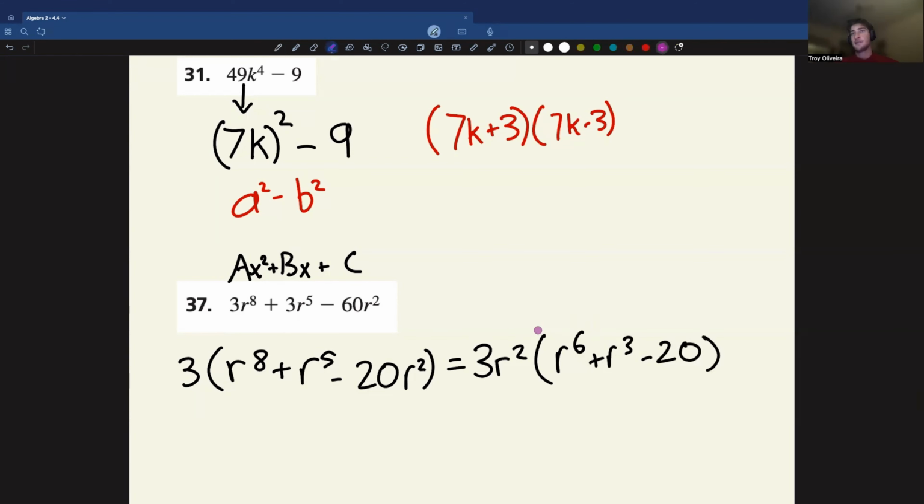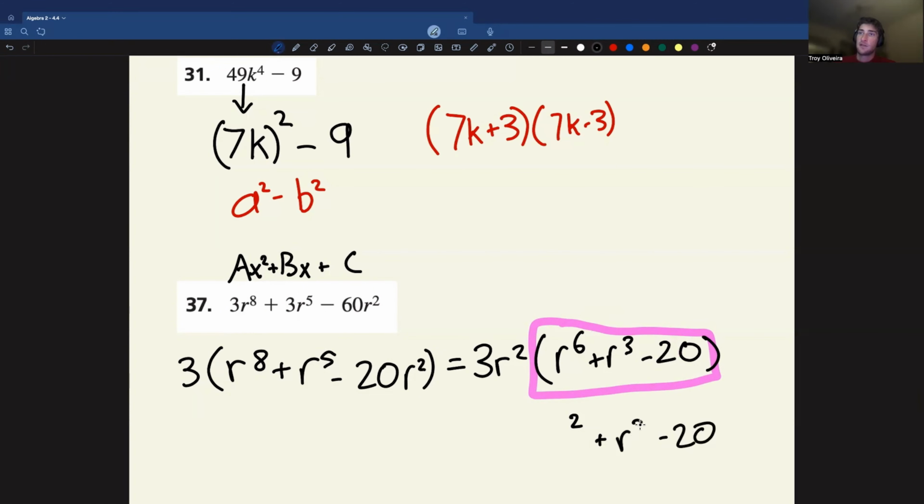Okay, and now we can see what this problem is kind of getting at, which is that this in pink now is not technically a quadratic expression, but we can definitely turn it into one by saying that this is just something squared plus something minus 20, and we know that that something is r to the 3rd.